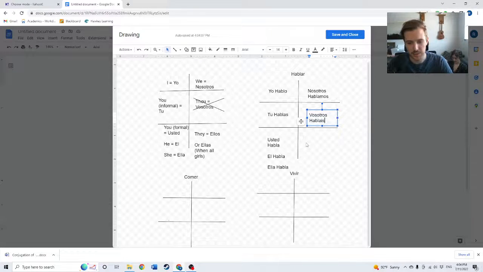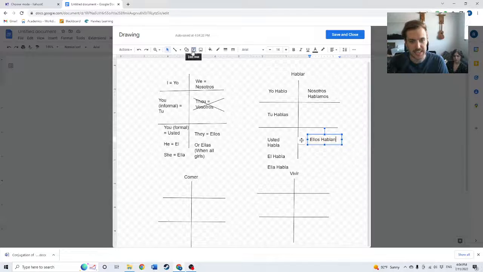But we're not going to use that, so don't even worry about it. And then lastly, we have they speak. Ellos hablan. And this also depends on if it is a group of people. If it is only girls, then it would be ellas hablan, but in this case, it's ellos hablan.